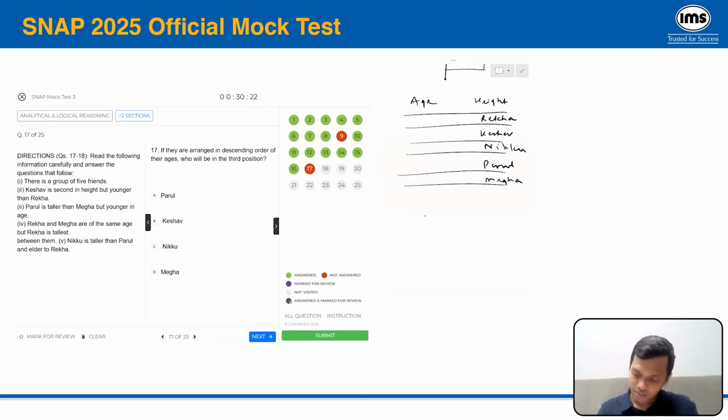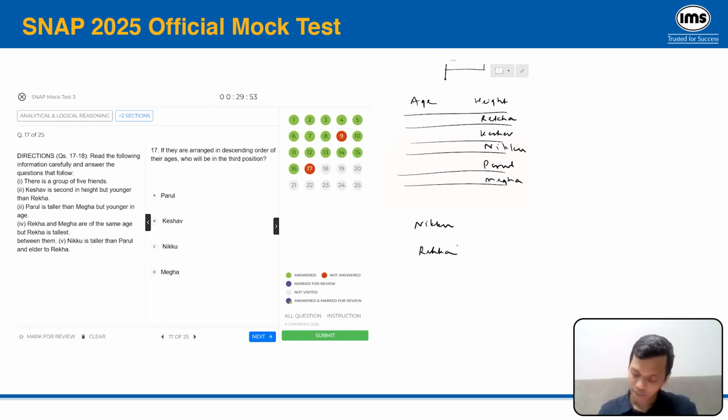Keshav is younger than... What is happening? Niku is taller than Parul and elder to Rekha. Rekha and Megha are the same age.